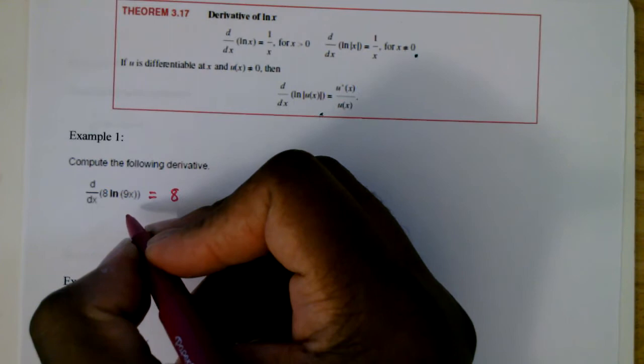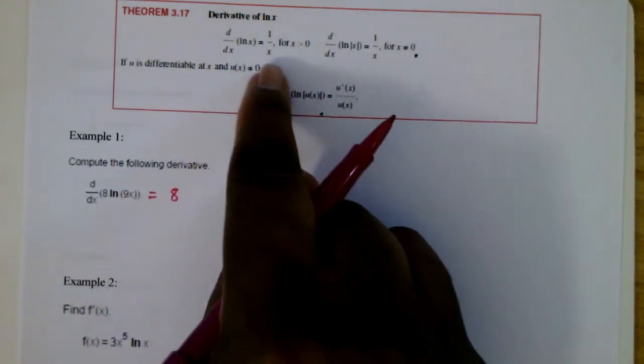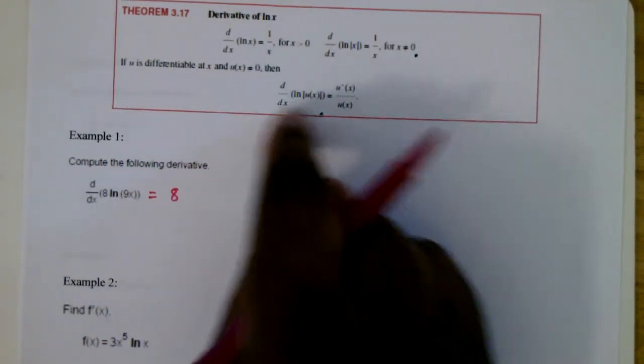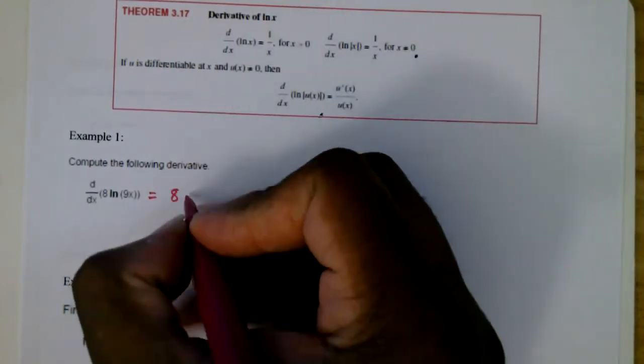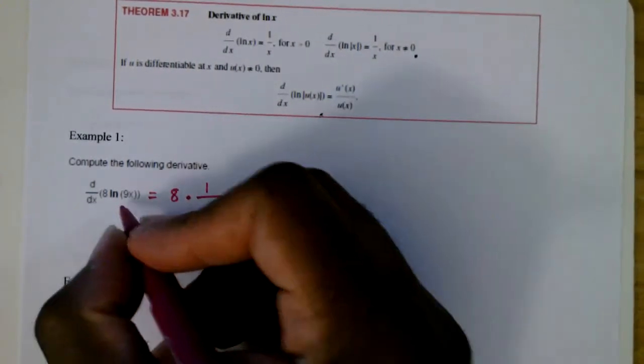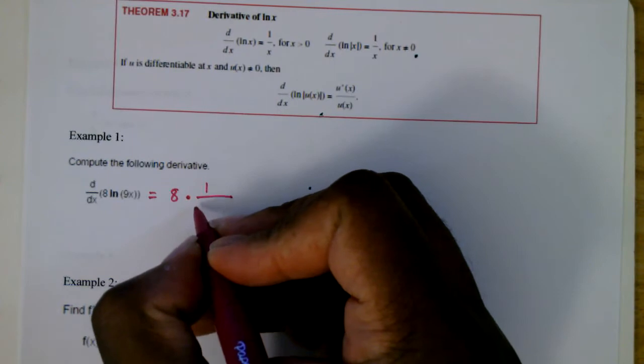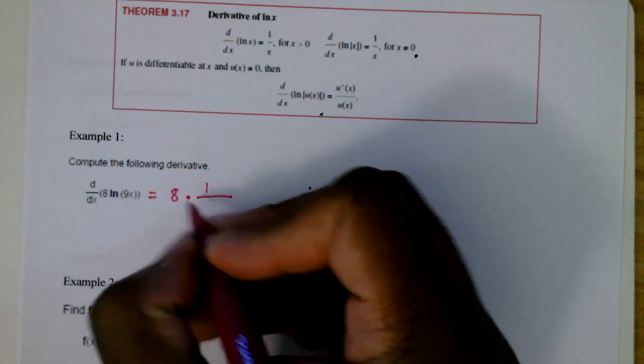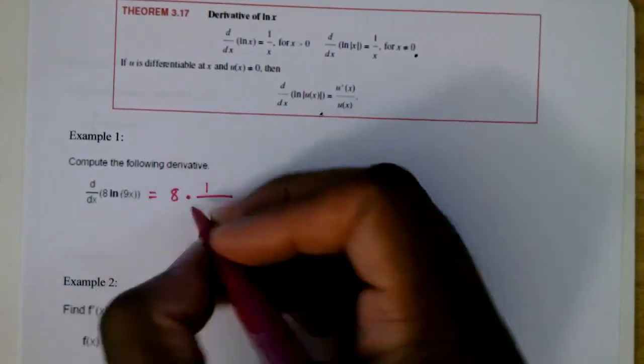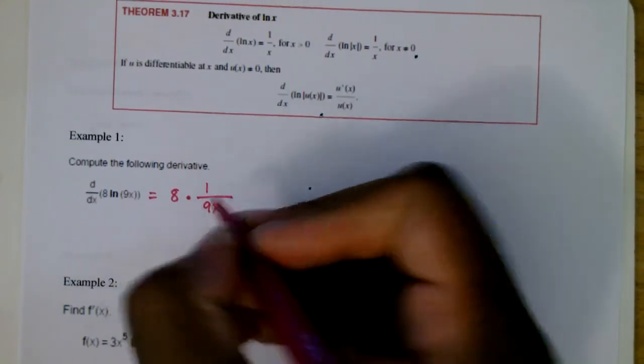The derivative of ln of 9x, here we follow this rule right here. It's going to be times 1 over ln. No, I'm sorry, 1 over the 9x.